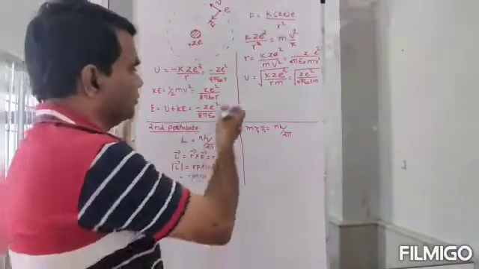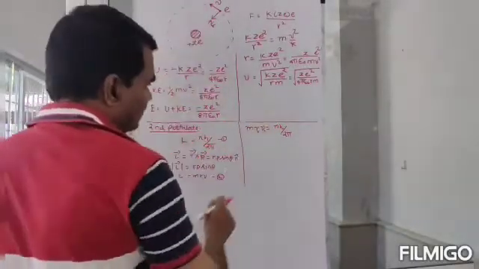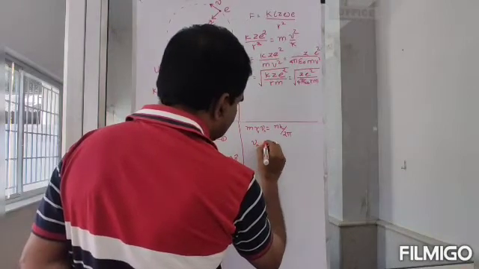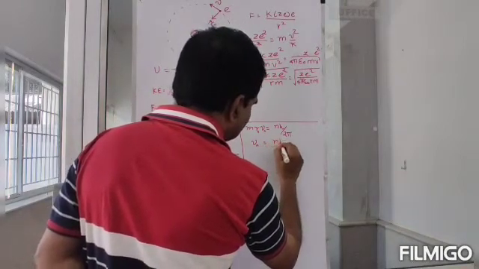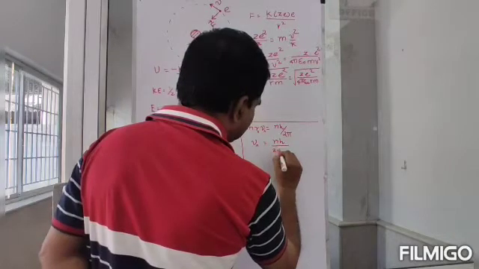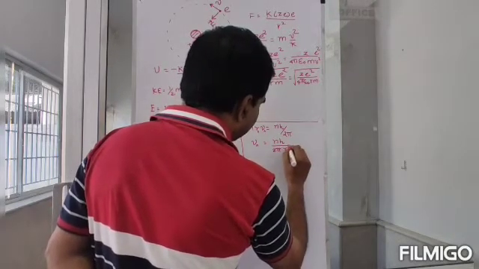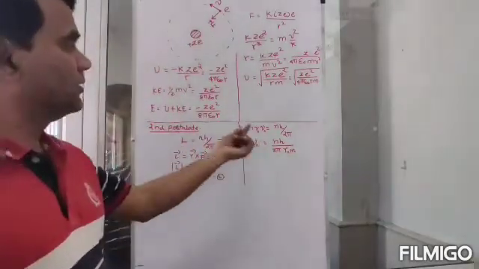So Vn, the speed, is written as nh by 2 pi into Rn m. So this is what I get here.